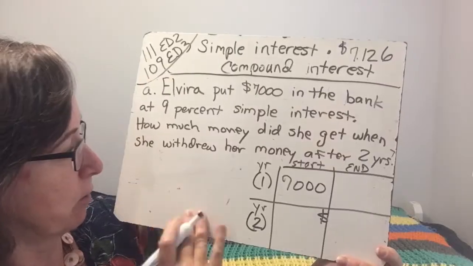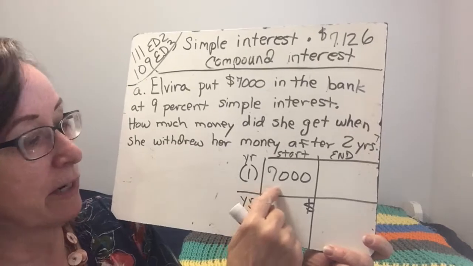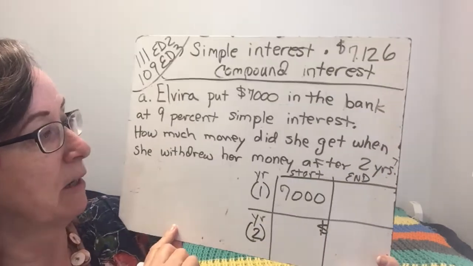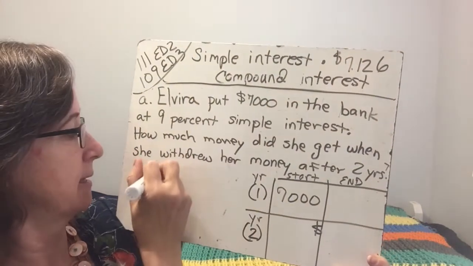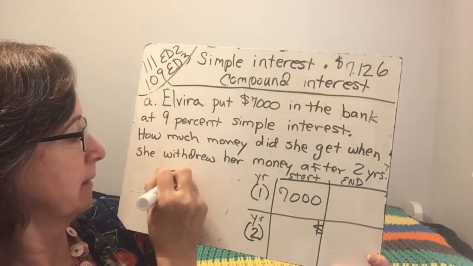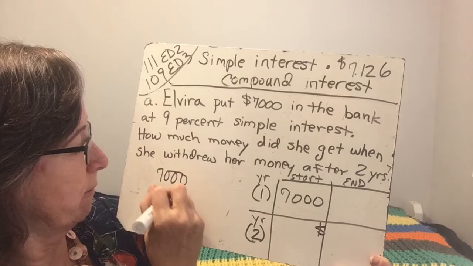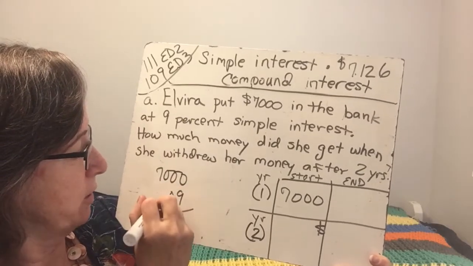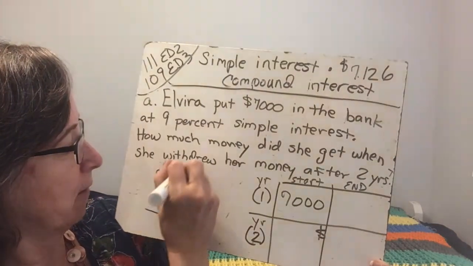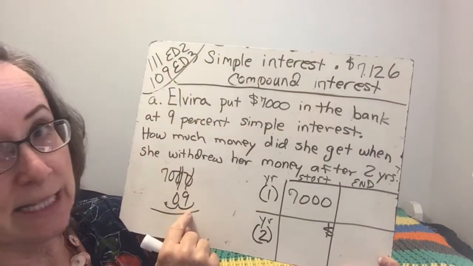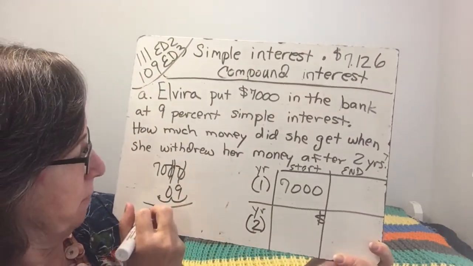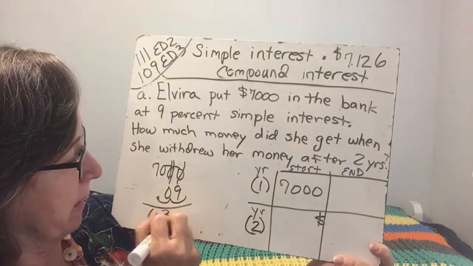So we're going to go back to our little boxes over here. Starting with $7,000, we have to figure out how much she makes in 1 year at 9%. So 7,000 times 0.09, and my 2 decimals will be taken care of by the 2 zeros at the end, and 70 times 9 would be 630.